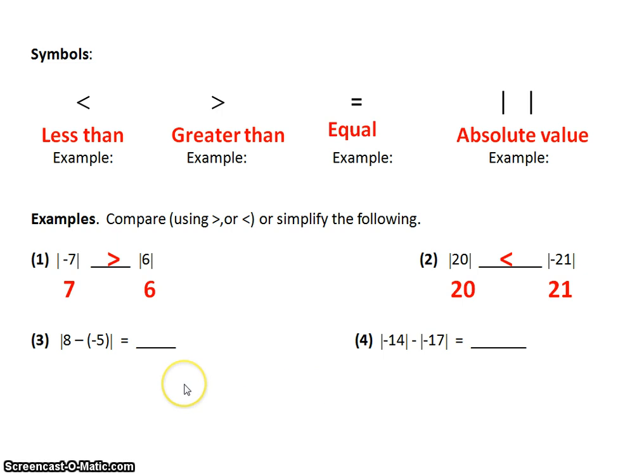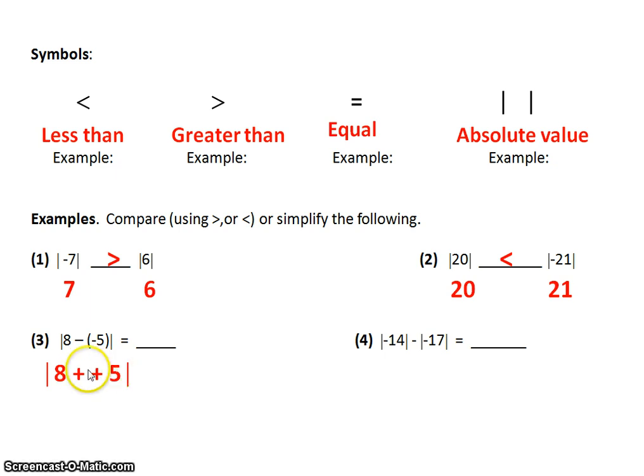In number 3, we need to simplify this expression first. So inside the absolute value symbols, we need to simplify or do any math that we can. So we have 8 take away a negative 5. Now when we take away a negative, it's the same as adding a positive. So I could rewrite this as 8 plus positive 5.